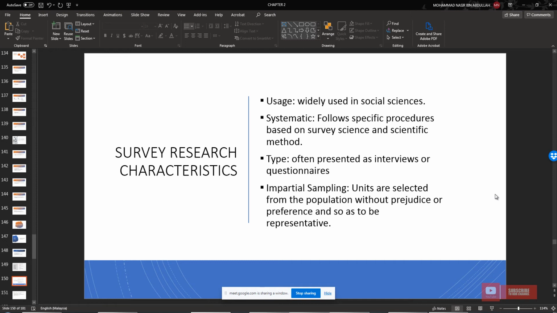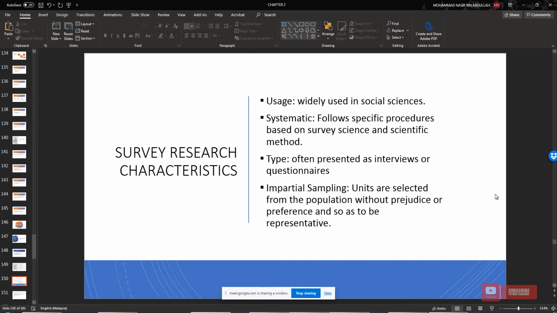Impartial: sampling units are selected from the population without prejudice or preference, so that the sample should be representative of the population, right? So we should not choose respondents based on our prejudice or our judgment, right?